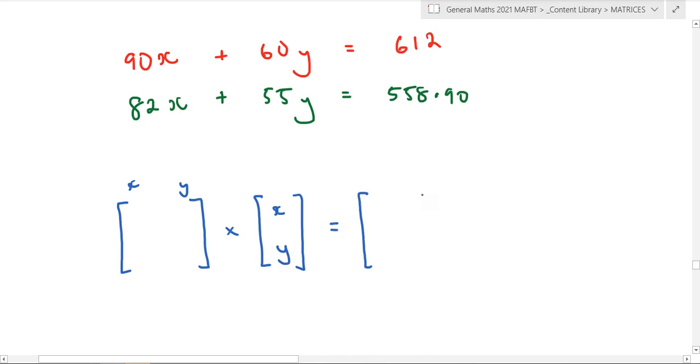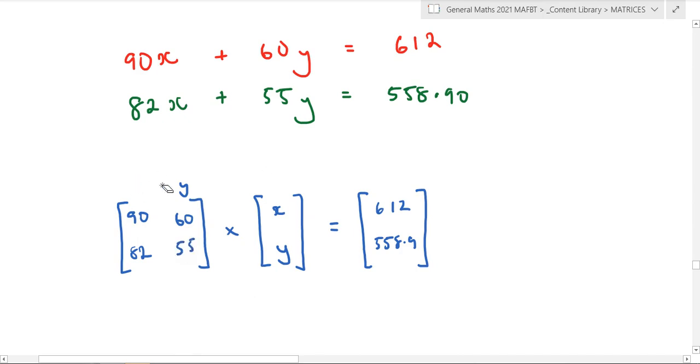Then my answer matrix is 612 and 558.9, which represents the revenue for Monday and Tuesday. All right, let's fill this in. For my number matrix, for my first equation, there are 90 coffees and 60 teas. Second equation, the second day, there are 82 coffees and 55 teas.